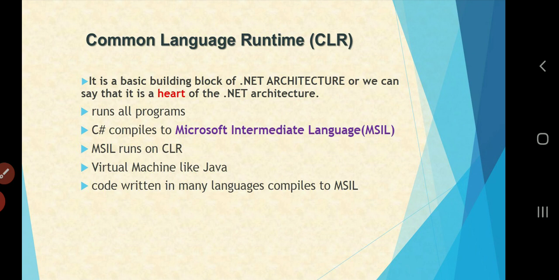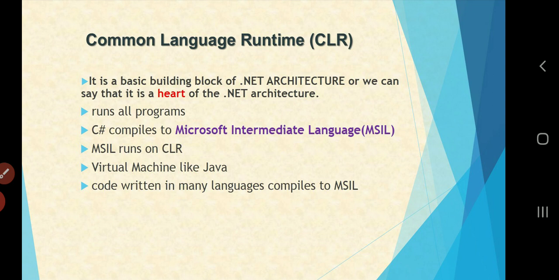As we know, the Common Language Runtime, the CLR, is the basic building block of the .NET architecture, or we can say it is really the heart of the .NET architecture. It runs all the programs we write in a number of languages like VB.NET, C Sharp, Visual C++, Java or JavaScript.